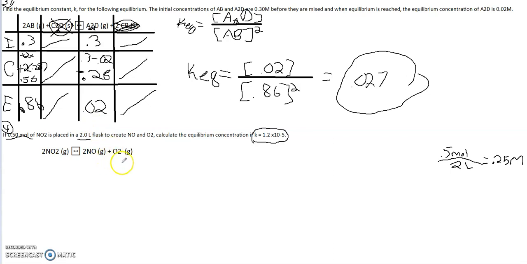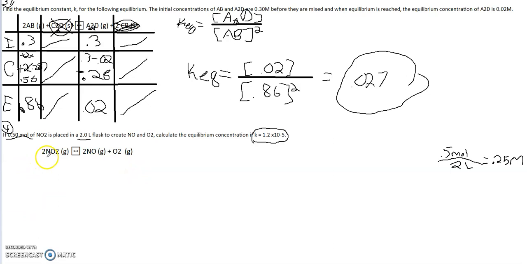And then you are also going to write out, if it's not already given to you, this expression. But this expression is given to you. Congratulations, you didn't actually have to write it out, but you look at it. Is it balanced?